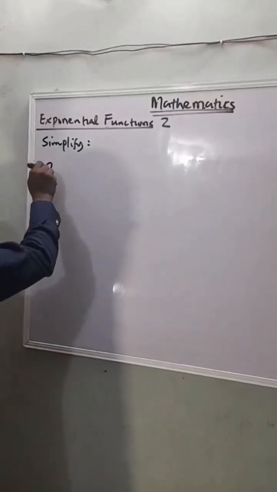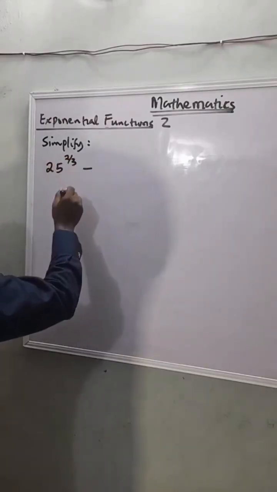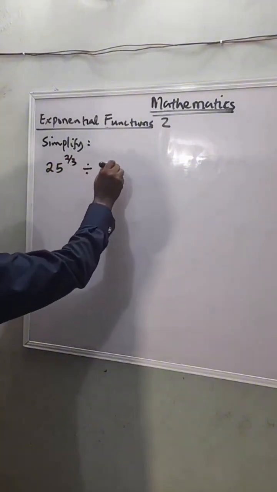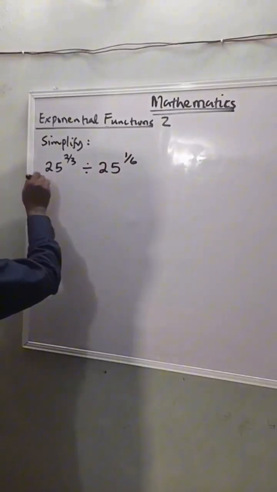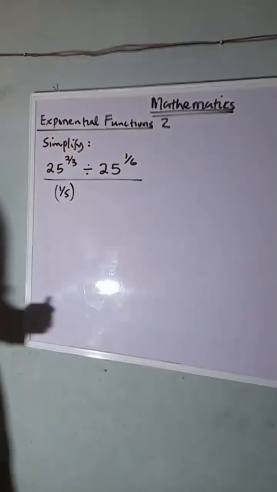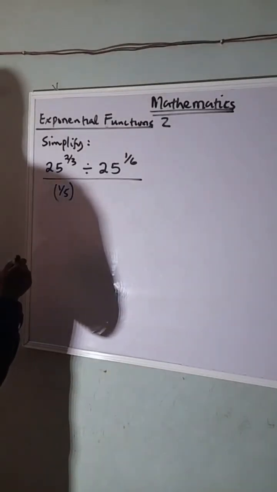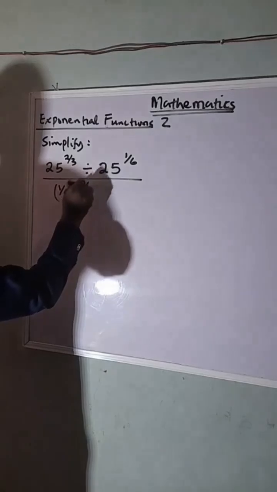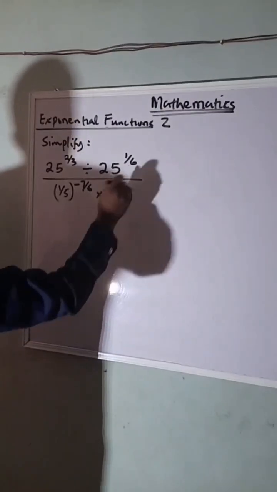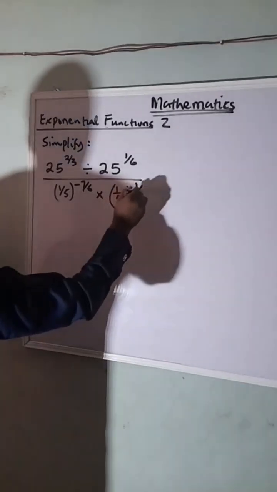Simplify: 25 raised to the power of 2 over 3, divided by 25 raised to the power 1 over 6, all over (1 over 5) all raised to the power of minus 7 over 6, times (1 over 5) all raised to the power of 1 over 6.